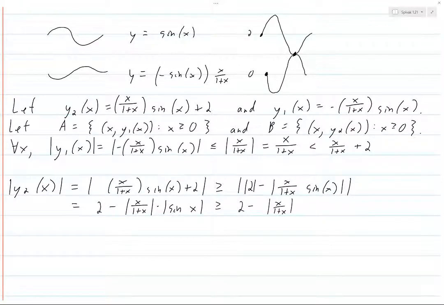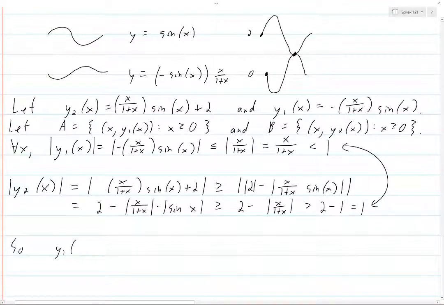Oh wait, but the norm of this thing is going to be less than 1. So if we subtract this, this is going to be greater than 2 minus 1, which is 1. And here, this is less than 1. So there we go. y1 is going to be strictly less than y2. Well, the norm of y1 is going to be strictly less than the norm of y2.